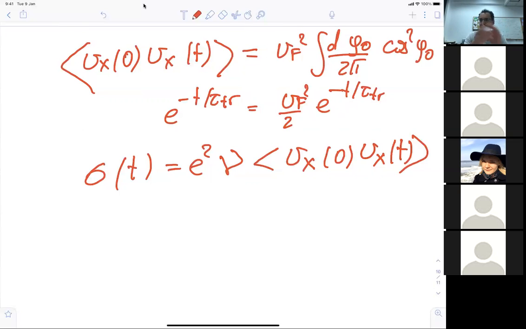Kubo formula is something which goes way beyond a classical limit. It's actually a fully quantum mechanical theory and can be just exact in computation of linear response coefficients.